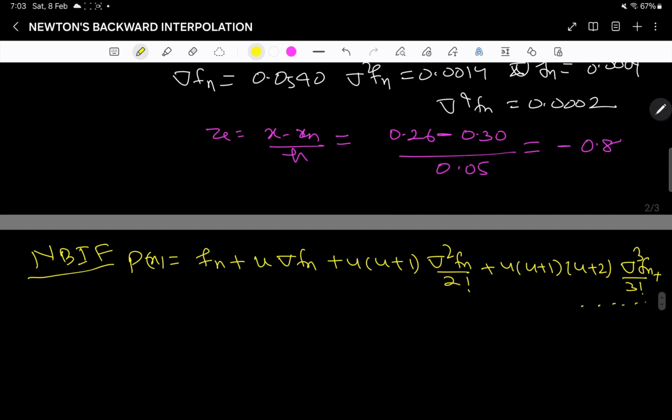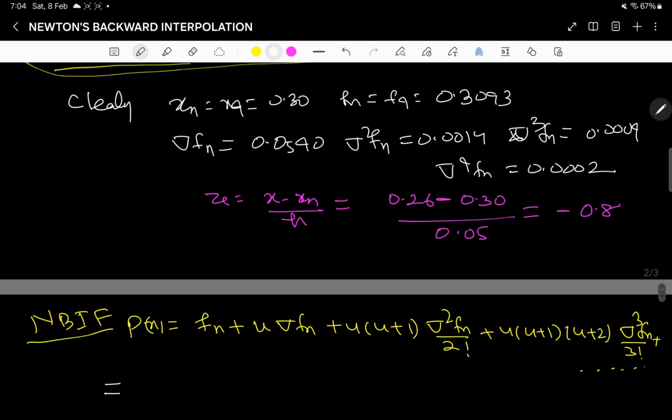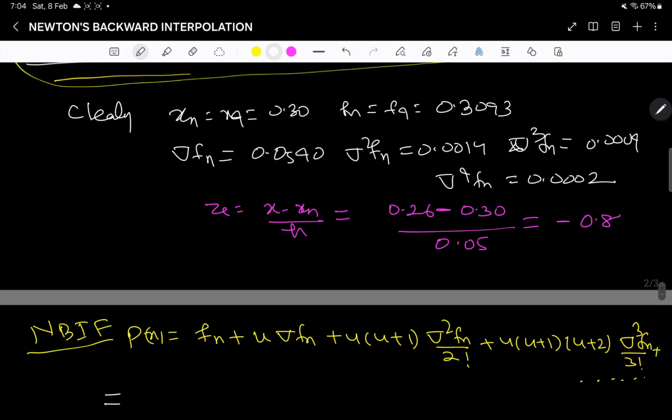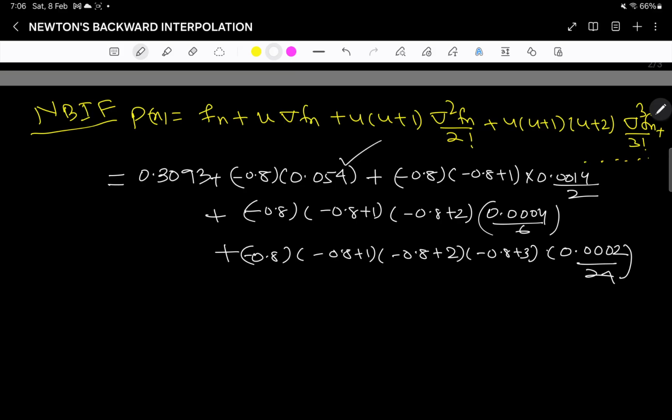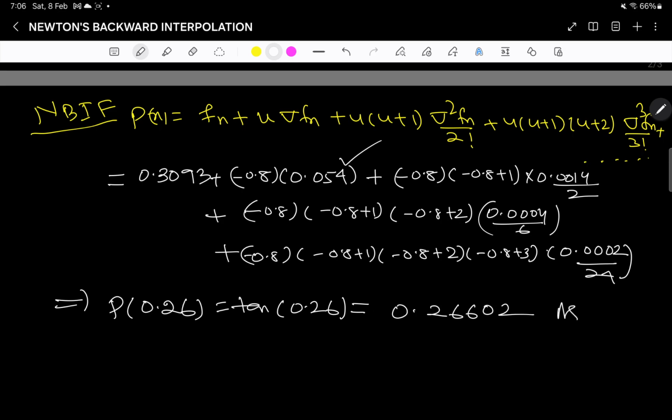So now I substitute all this data here. The fn value is 0.3043. If I substitute, I get p of 0.26, which is nothing but tan of 0.26 in radian mode. After the computation it will be 0.26602. So this is my answer.